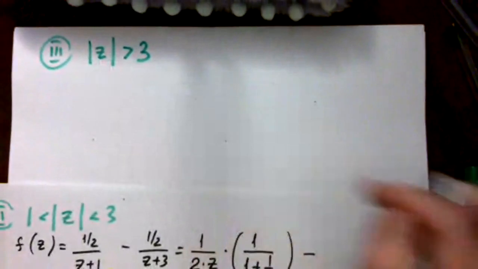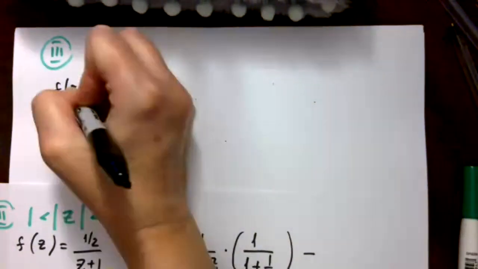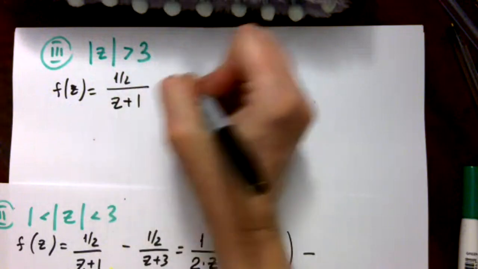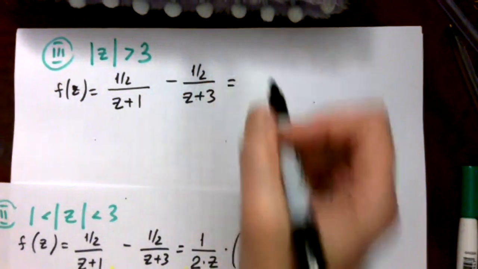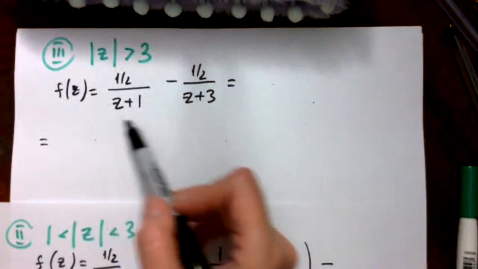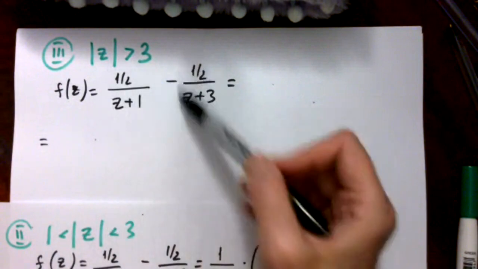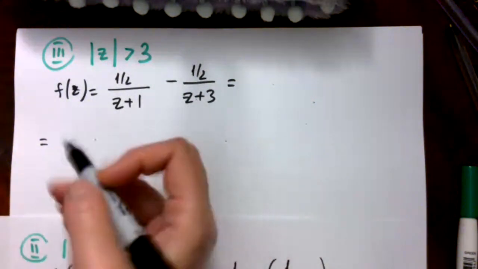Okay, we need to prepare our function as usual. So let me copy the function first here. f of z is equal to 1 over 2 divided by z plus 1, minus 1 divided by 2 times z plus 3. And this time we realize that we need to pull out z in both of these cases to prepare our fractions for using the canonical expansion.